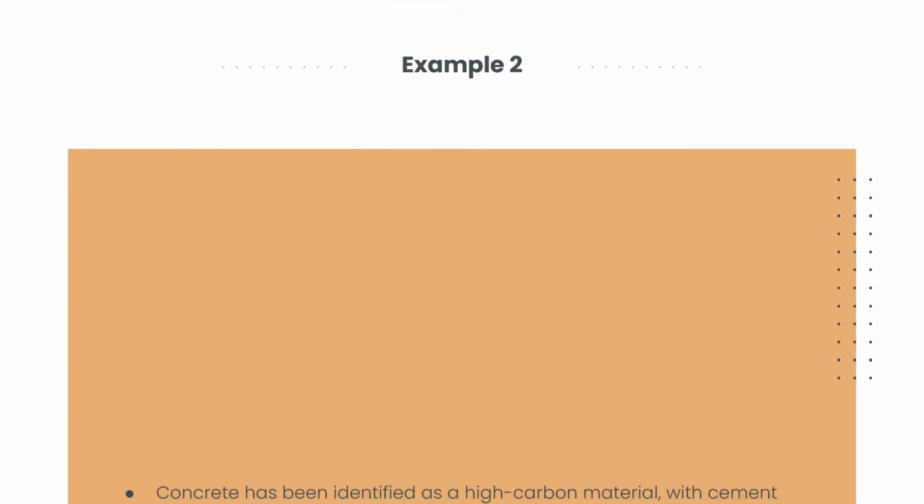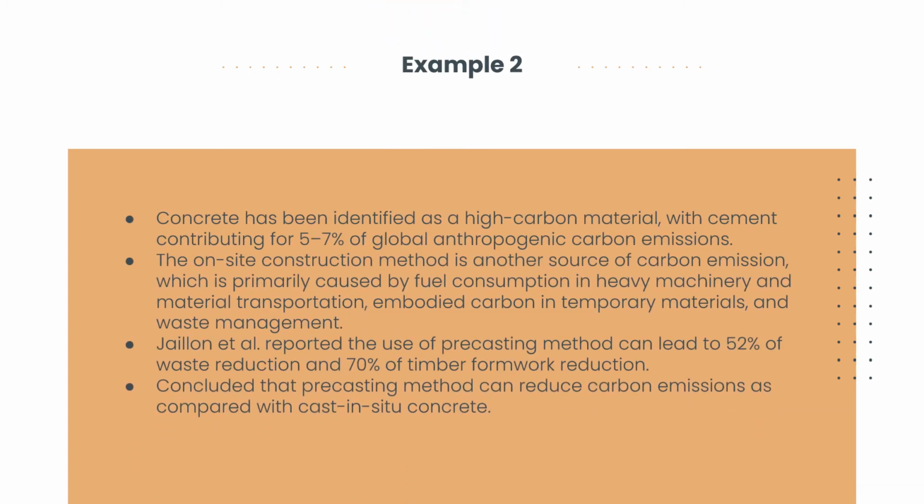Example 2, for the article on precast beams. Concrete has been identified as a high carbon material, with cement contributing 5 to 7% of global anthropogenic carbon emissions. The on-site construction method is another source of carbon emission, which is primarily caused by fuel consumption in heavy machinery and material transportation, embodied carbon in temporary materials, and waste management.